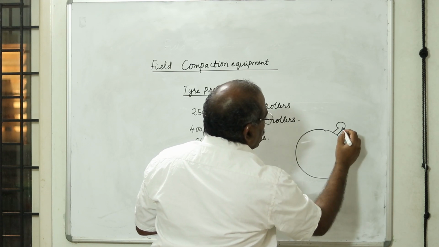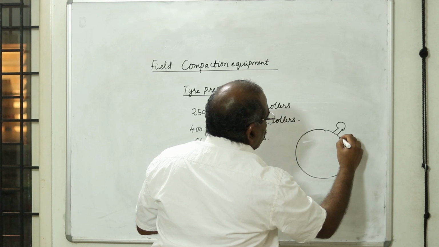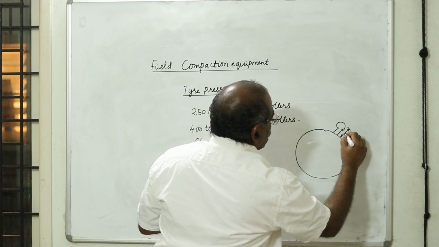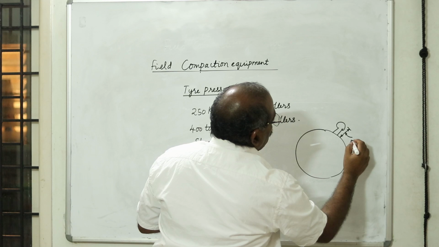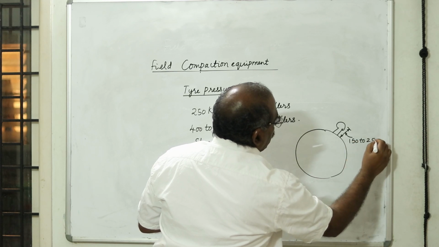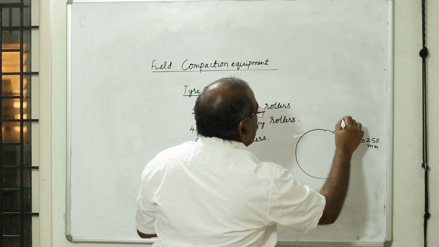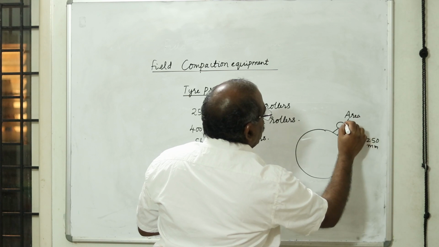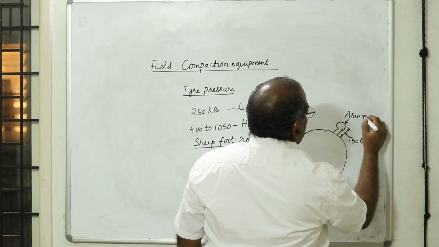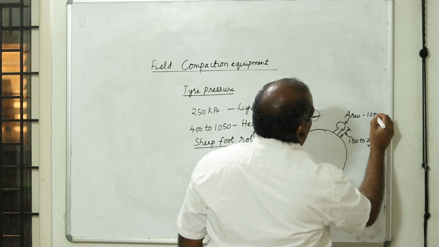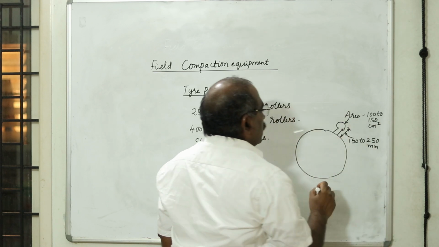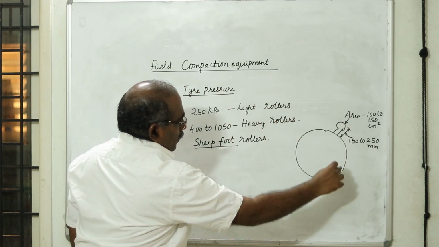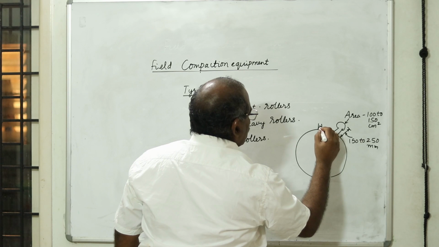These projections will have dimensions ranging from 150 to 250 mm, and the projected area of these projections will be in the range of I think 100 to 150 centimeter square. Throughout the drum will have this.